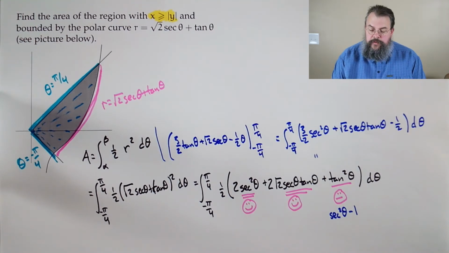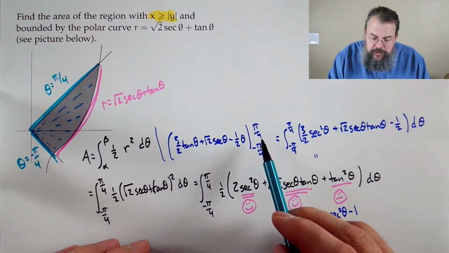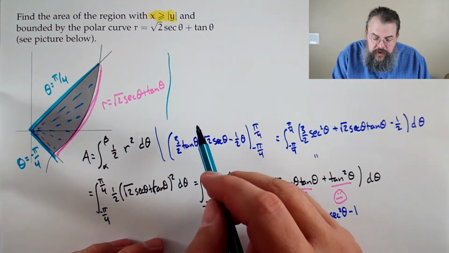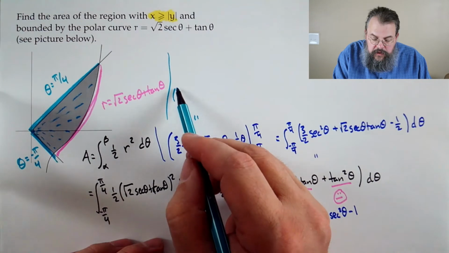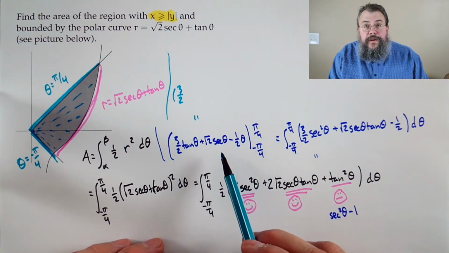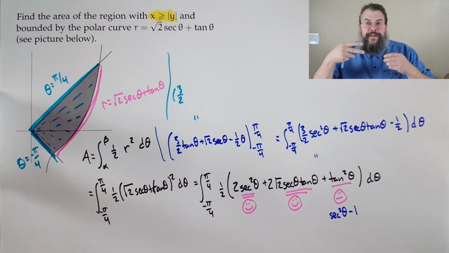Well, let's see what happens. So when we plug things in, we get the following. So plug in pi over 4. Tangent of pi over 4 is 1. So we're going to get 3 halves. Secant of pi over 4 is, do you remember? It's square root of 2. Think of cosine.